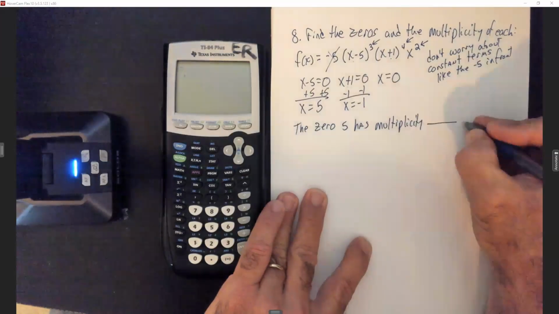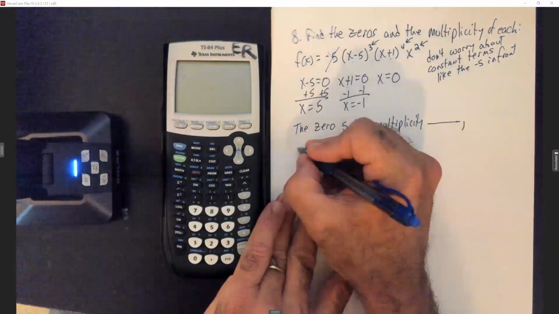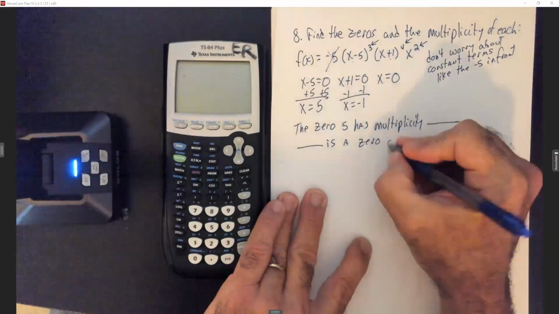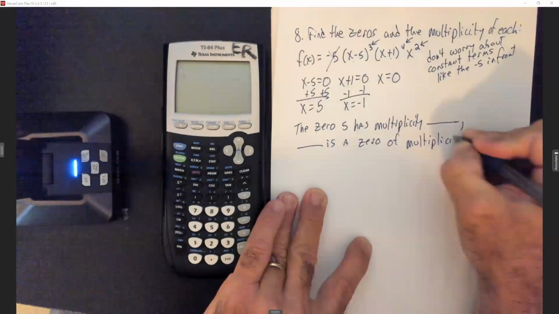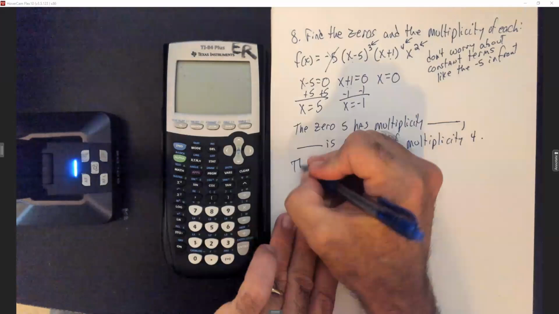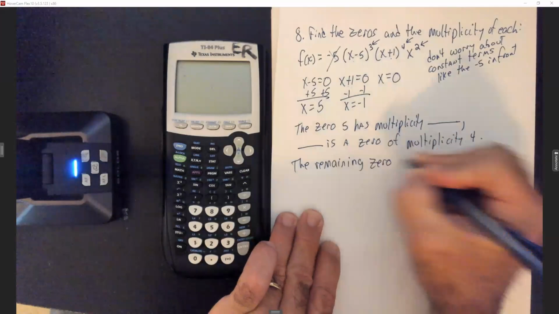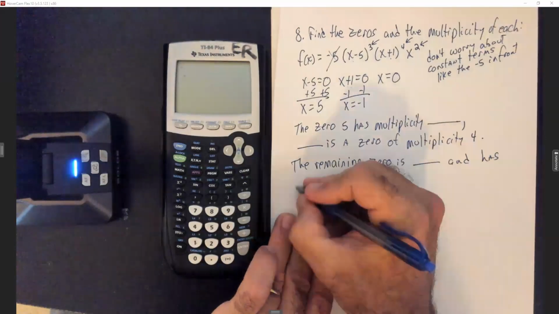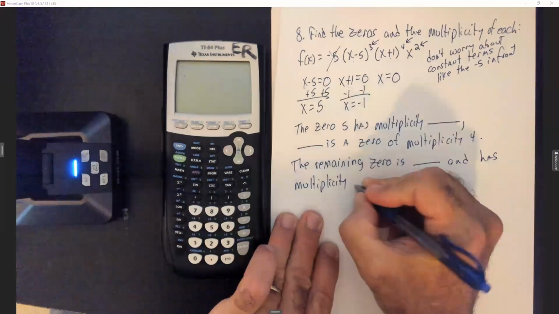And then it says blank is a 0 of multiplicity 4. The remaining 0 is blank and has multiplicity blank.